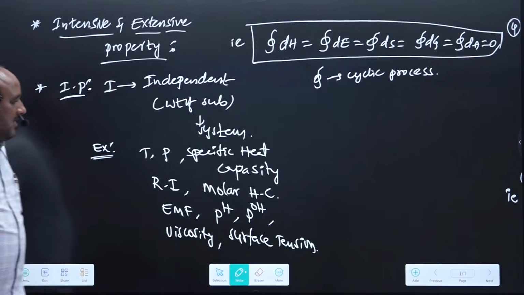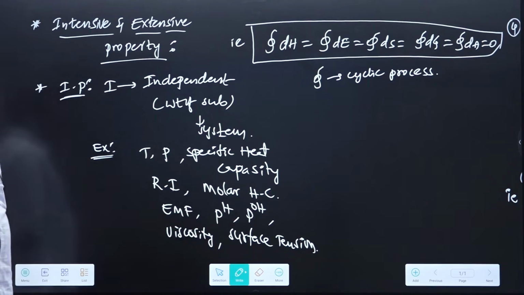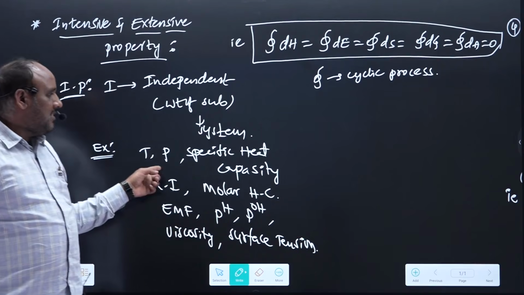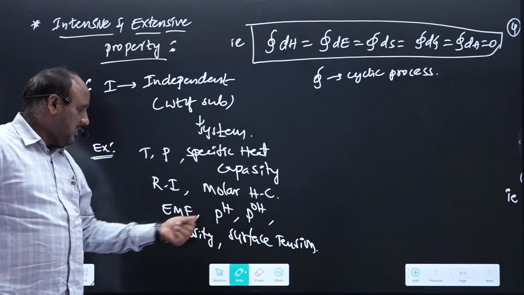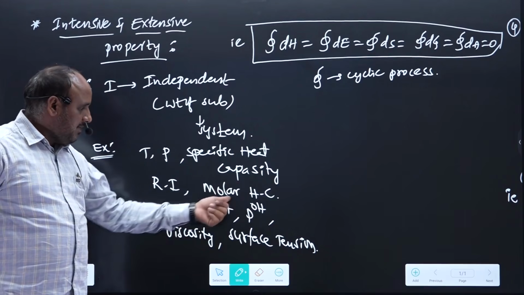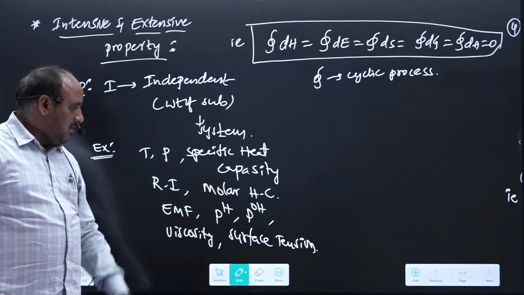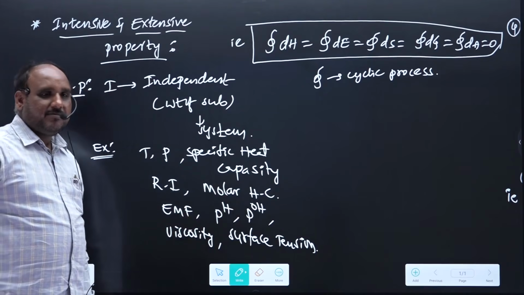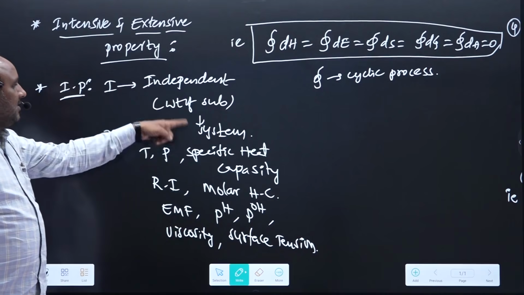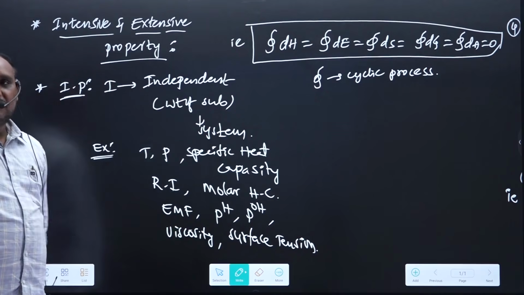Okay, right. So write this example, all this. Temperature, pressure, specific heat capacity, refractive index, molar heat capacity, EMF, pH, pOH, then viscosity, surface tension, etc. These all are independent of the weight of the substance present in the system.